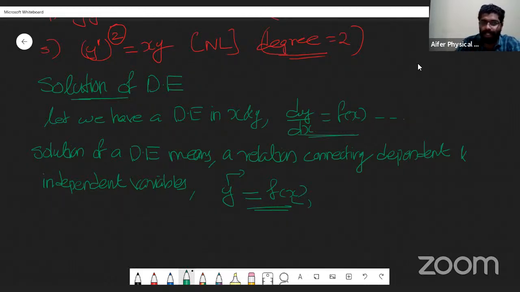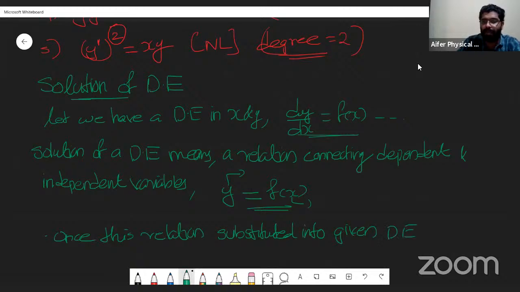Once this relation is substituted into the given differential equation, we get an identity, which means it will satisfy.